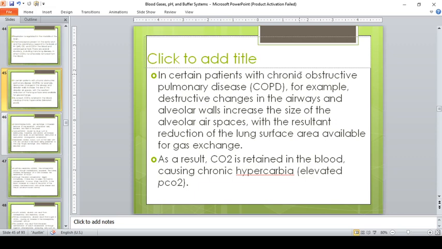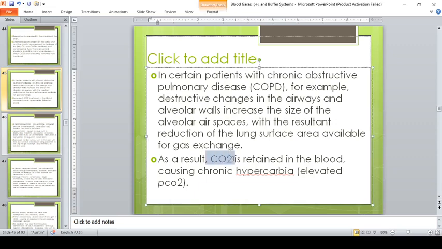So, as a result, CO2 is retained in the blood, causing chronic hypercarbia or elevated level of partial pressure of carbon dioxide, or dissolved carbon dioxide. Kaya in COPD, since though gas exchange still happens, decreased yung elimination ng carbon dioxide, what will happen?